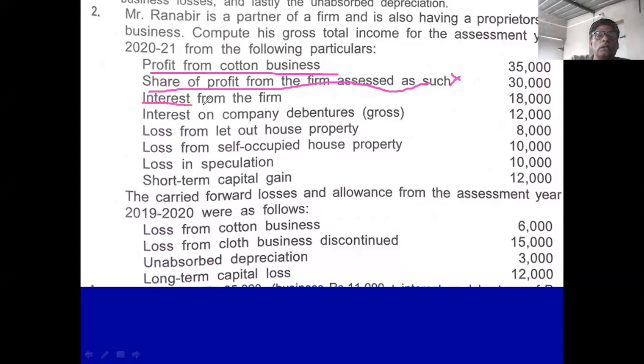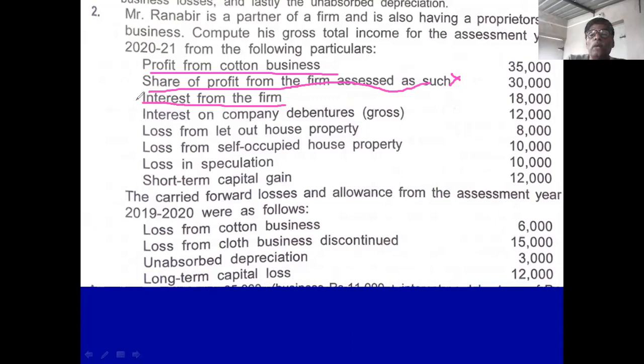Then interest from the firm, interest from the partnership firm. Remember this partnership firm is the next chapter. Okay, coming chapter. So whatever remuneration you receive from the partnership firm is to be treated as business income. Remember this. And don't consider this as an interest, as an income from other source.